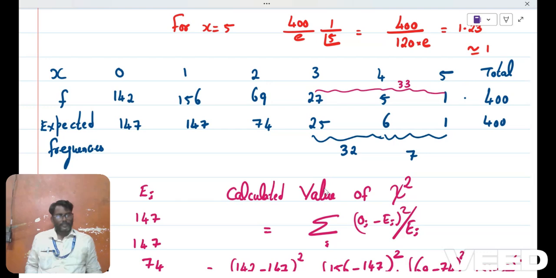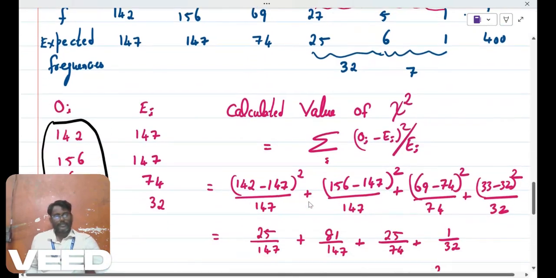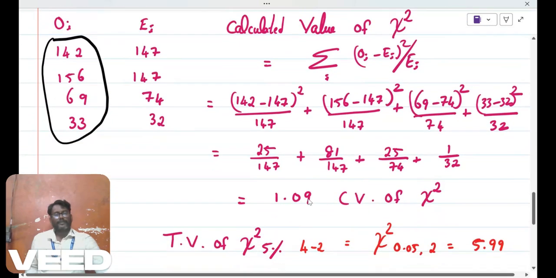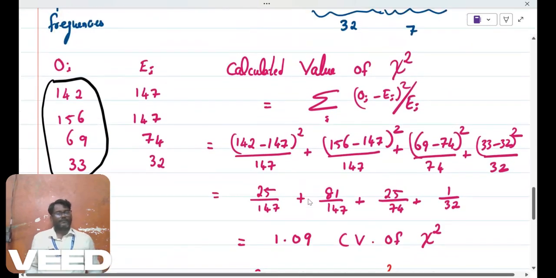In the same order, we combine the corresponding expected frequencies, so that n is 4. So we get 25 plus 6 plus 1, which is 32. So the number of observed and expected frequencies are the same, equal to 4.